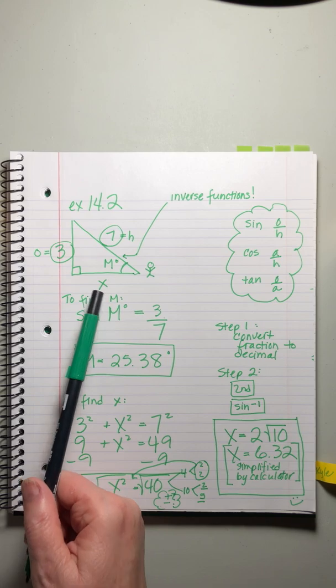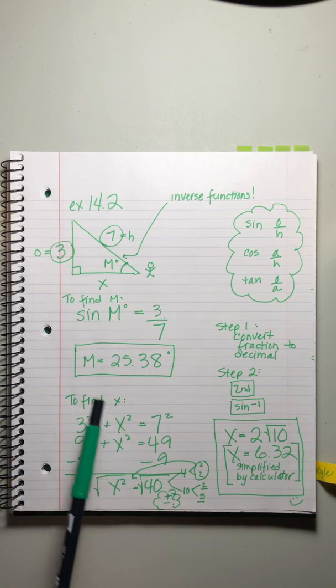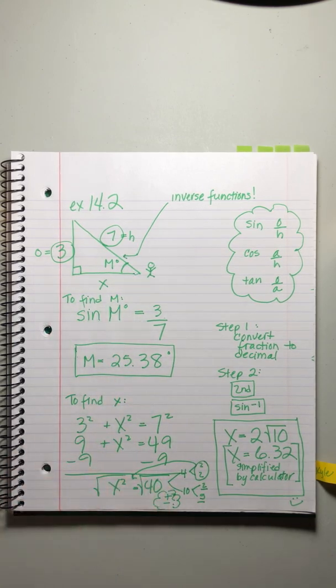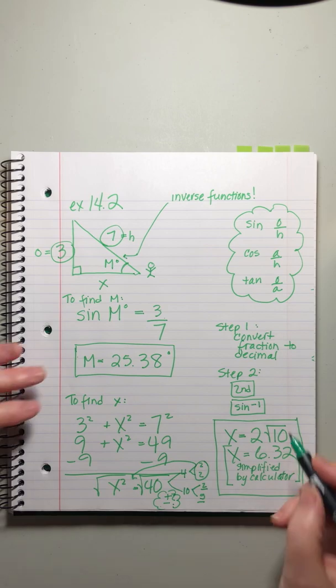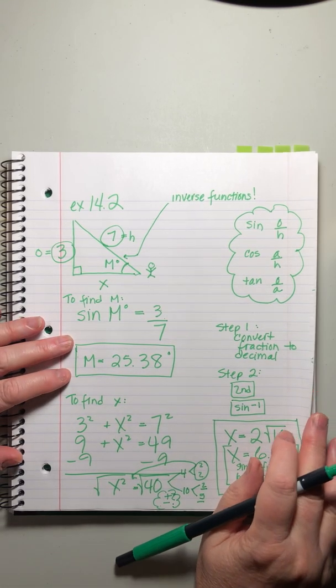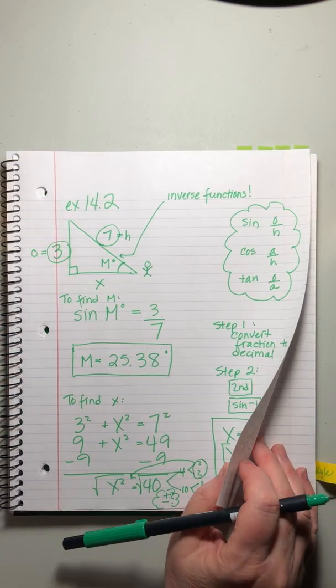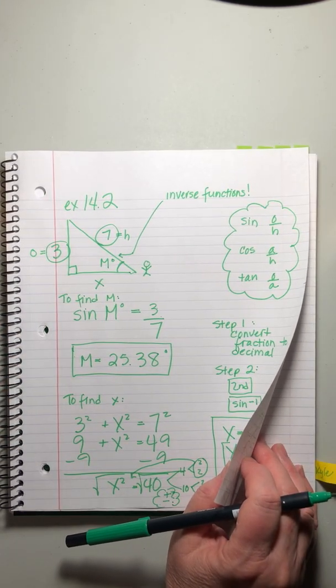That's what we're finding, the length of this side, to find x. This can't be a negative number, so we get to discard negative roots left and right, which I am a fan of. So that is one really fun thing about geometry. Okay, moving on. This lesson is a little bit long, so I apologize for that.